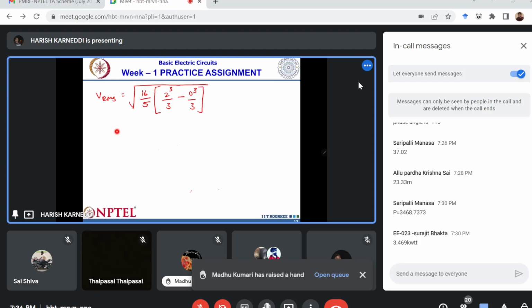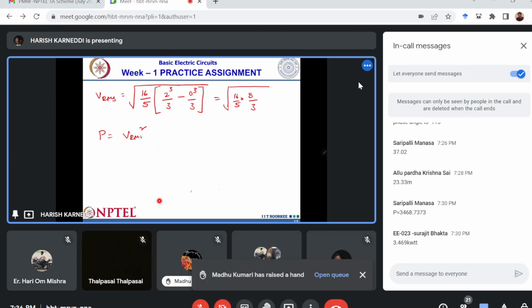Right? This value is square root of 16 by 5. What is the 2 cube? 2 cube is 8 by 3. That's 0 cube anyways 0. Okay. What is the power absorbed equal to?